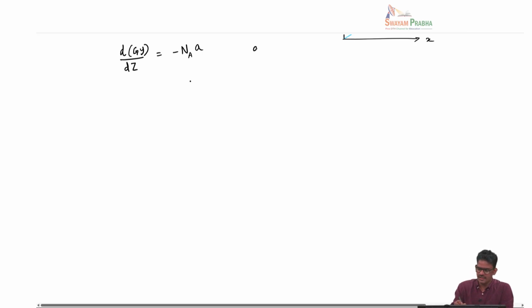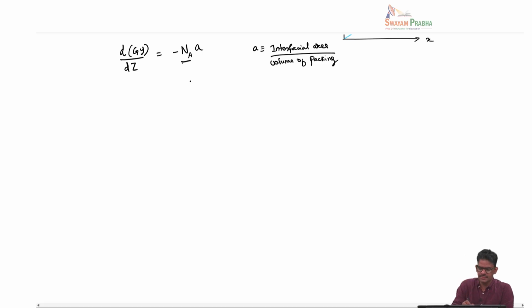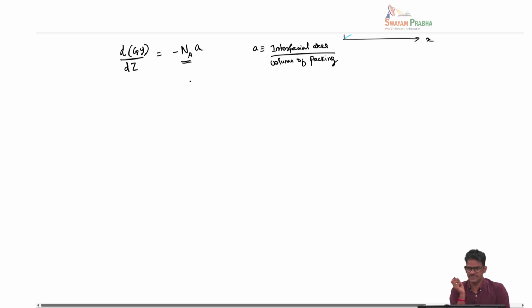So, here this a is the interfacial area per unit volume of the packing. Okay, this is a characteristic of the packing material. NA is the mass transfer flux, and G is the flow rate in the units of moles per unit area per unit time. Okay, so this is a molar flux.